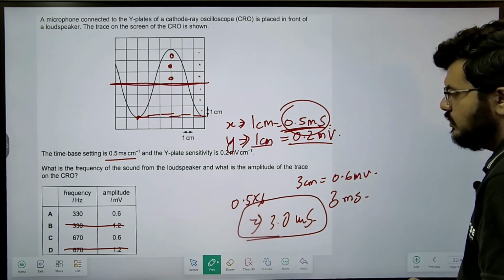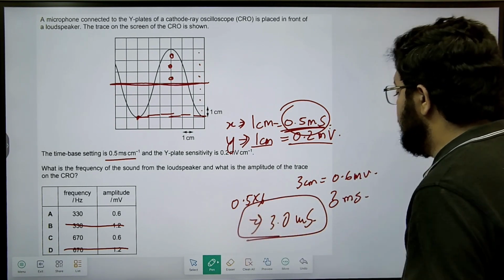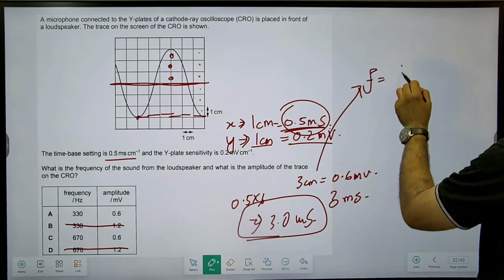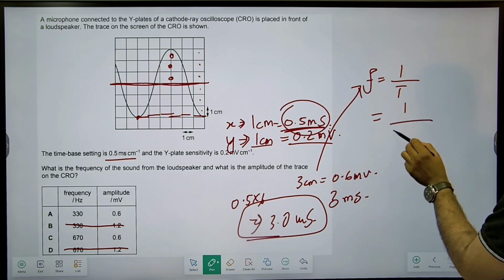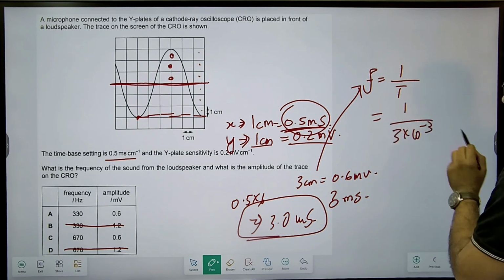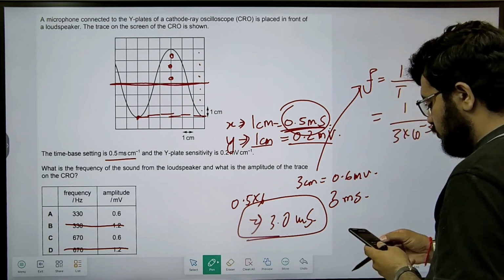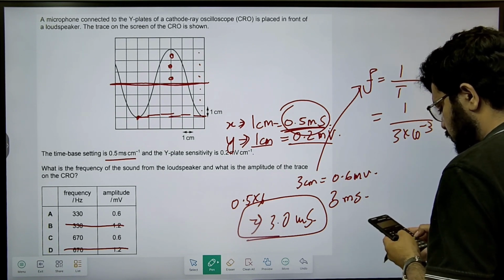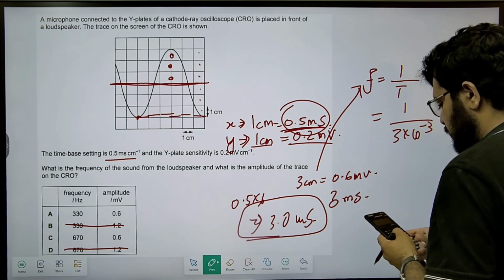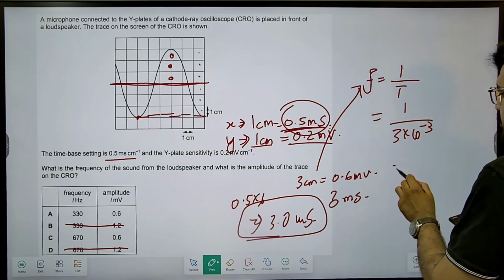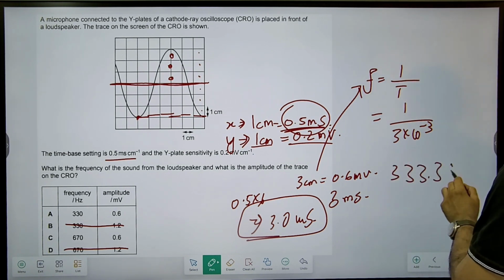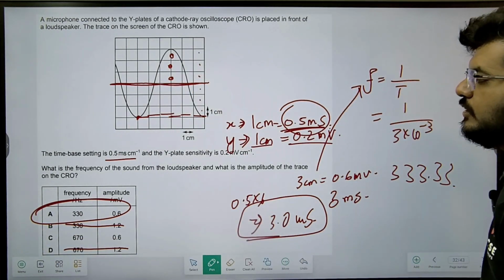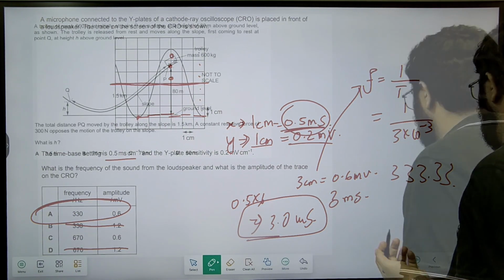Oh, we have to find frequency then. So frequency is 1 by time period, which is 1 upon 3 into 10 to the power minus 3. That gives me 333.33, which is 330 hertz and 0.6 millivolt of amplitude.